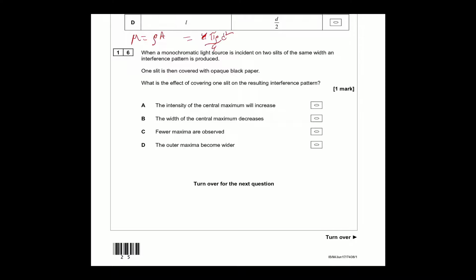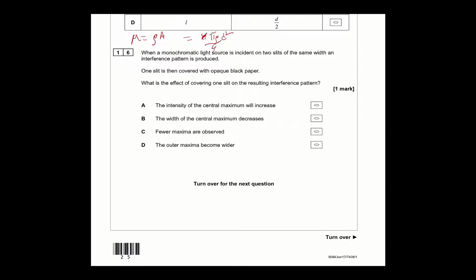So, torn between A and C. I really feel like the central maxima is definitely wider.